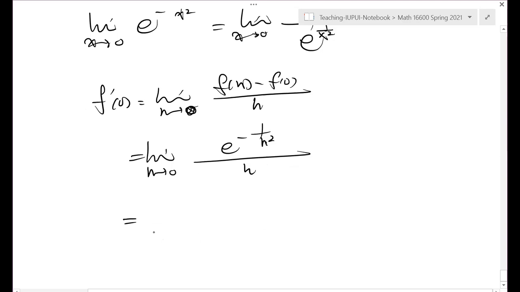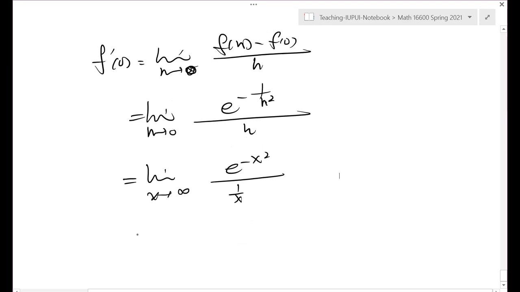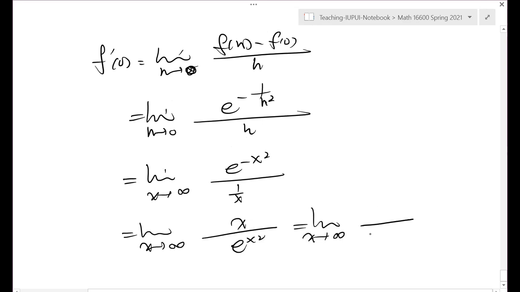This is the same as x approaches infinity, e to the negative x squared over 1 over x. You let h be 1 over x and change this. Then you get e to the x squared here. When you differentiate the numerator and denominator, it clearly is going to be 0. So the first derivative is also 0.